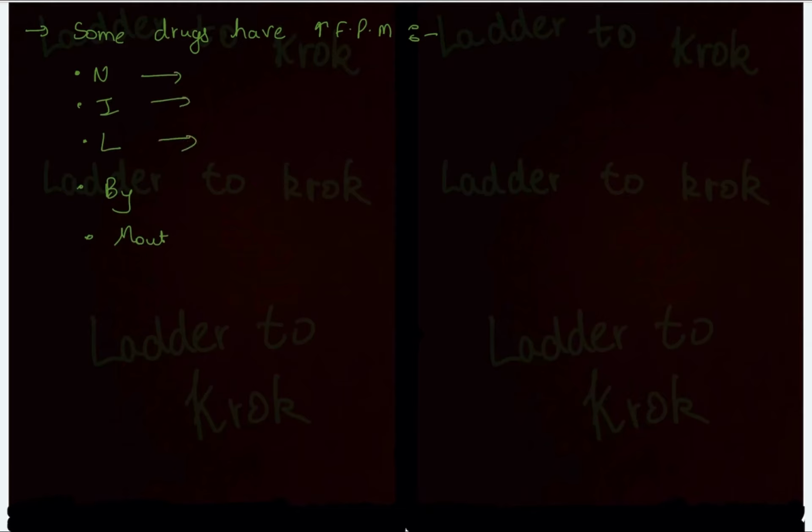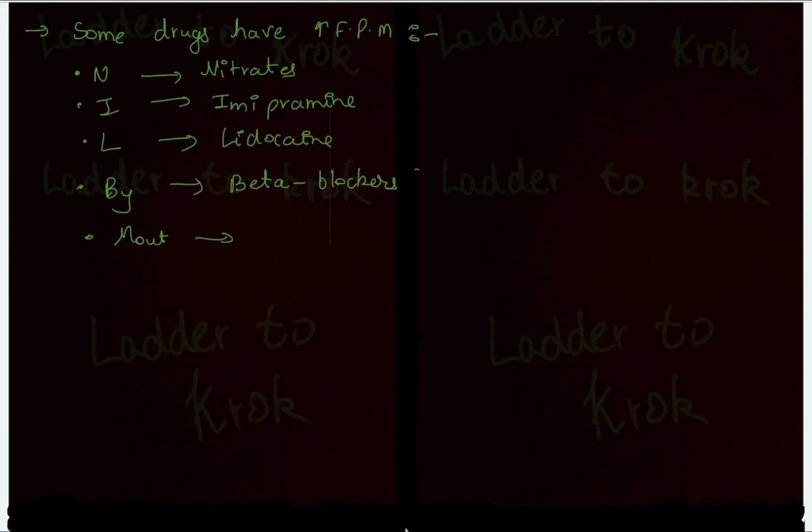N is for nitrates, I for imipramine, L for lidocaine, B for beta blockers, like one example, propranolol, you can write it, and M for morphine. So nitrates, imipramine, lidocaine, beta blockers like propranolol, and morphine.